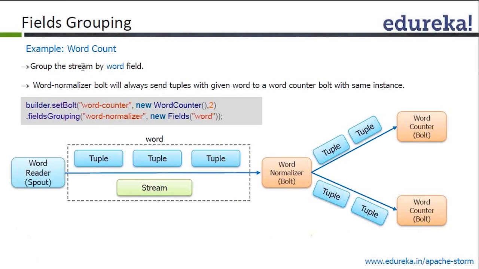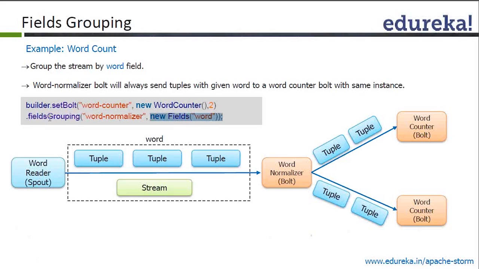See this. This is a typical case. Now I'm showing you this example. I think this is how you will see it in the word count example source code also. What I want you to do is, you'll see that fields grouping. So how do you set it? You will set the bolt. Of course, there is nothing wrong about it, but then see this new Fields word.